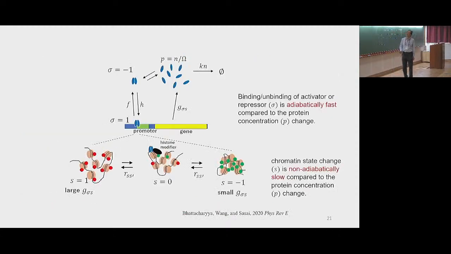To see this, we again simulated a simple system. We consider the chromatin state as having three states: the active state, the neutral state, and the repressive state. With S equal to -1, the 9th lysine in histone 3 is methylated, and that induces the aggregation of the nucleosomes like this.